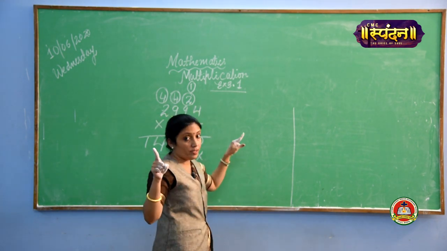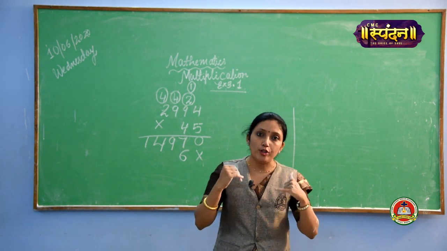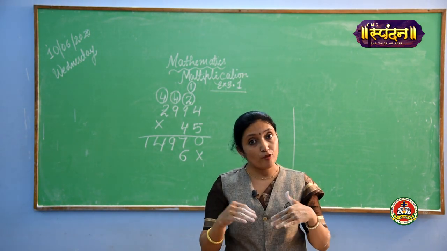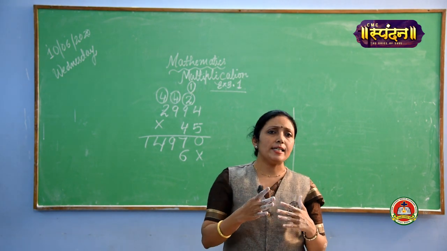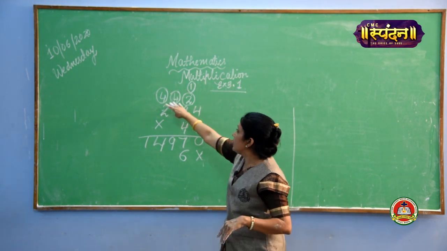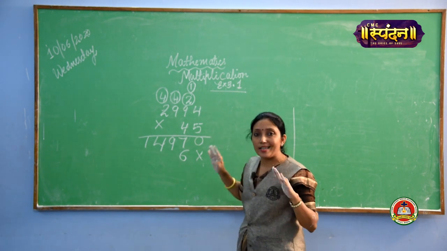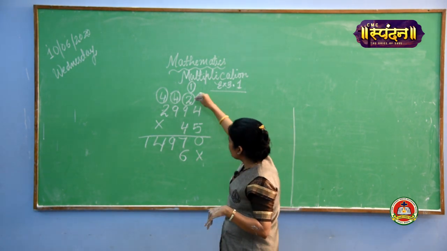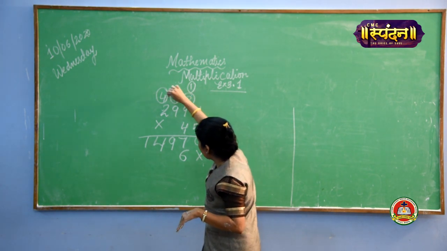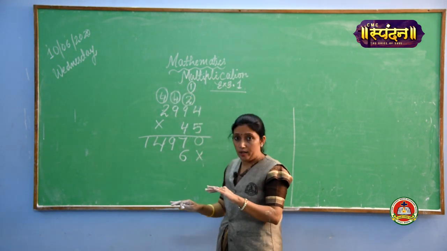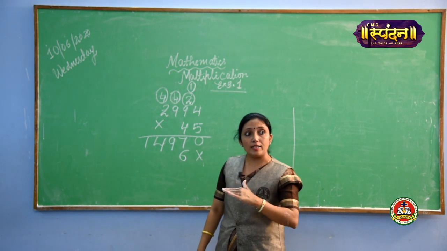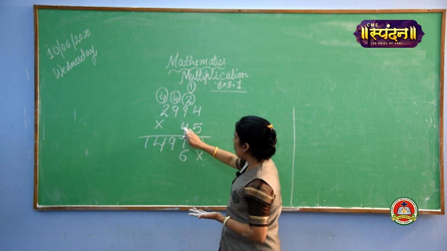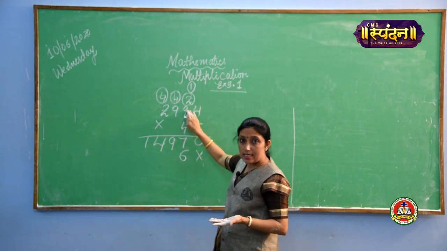But a very important thing: for your comfort, many times when these values are here, you may get confused. So you can slightly put a cross mark that this addition is over, or this plus part is over. So I can move on with that. Okay, yes. So now 4 nines are 36.